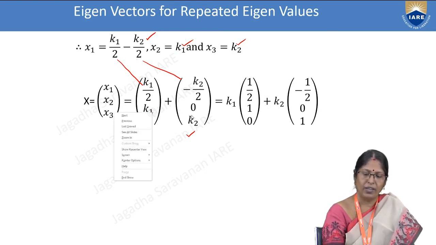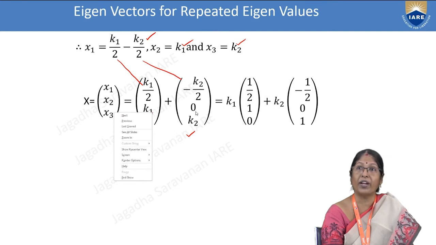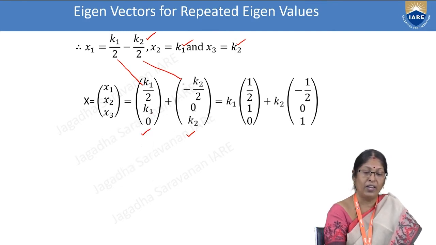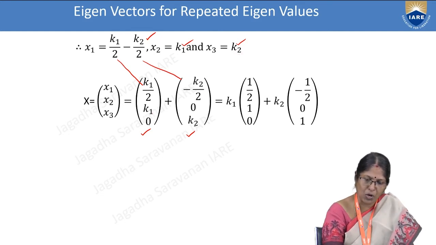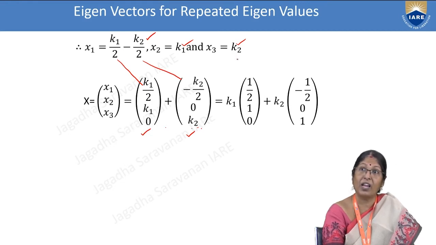Here k1, here k2, the value of x2 is k1. So here we have to write 0. Then only k1 plus 0 equals k1 we will be getting. Next, x3 equals k2. So in the second matrix we wrote k2, and here we have to put 0. Then 0 plus k2 gives us k2.